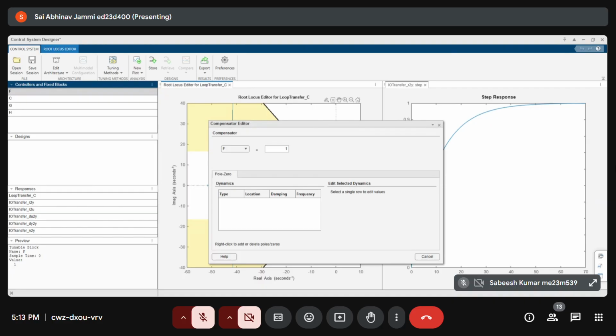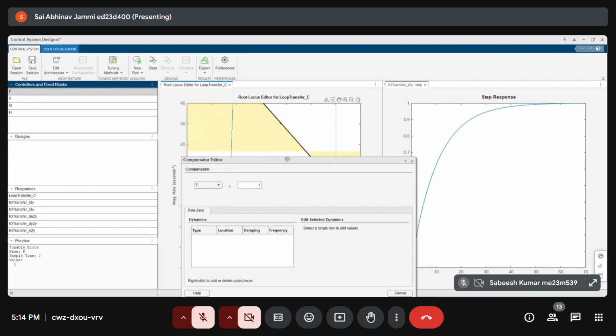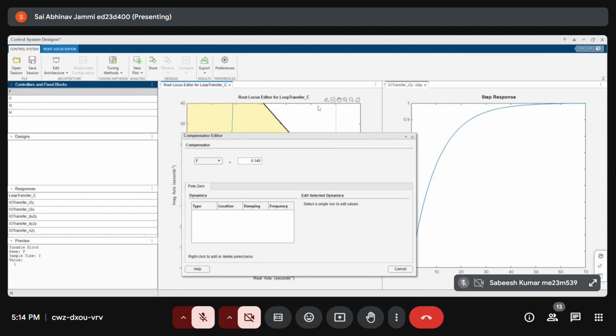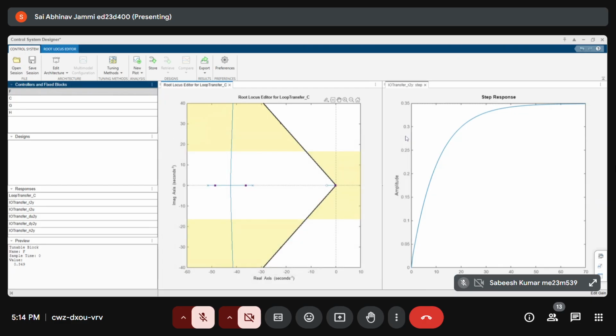It's 0.348. I'm calculating the final value. Okay, yeah, 0.349. Right. So this will make our system respond to this input, that is the 20-degree step input.